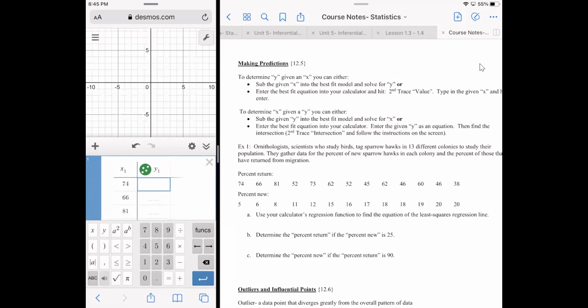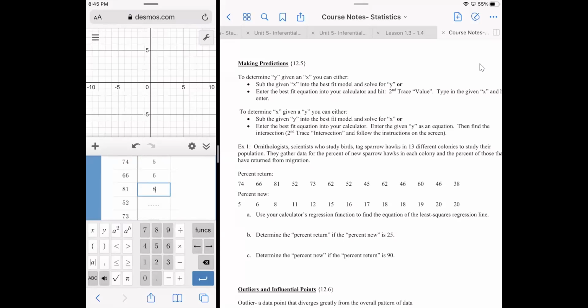But then the added component here is that not only did the child who moved out, who is now a grown-up, come back, but they brought a friend with them. That's the percent new. So the sparrowhawks that returned, but also some that just came out of the blue, squatters.